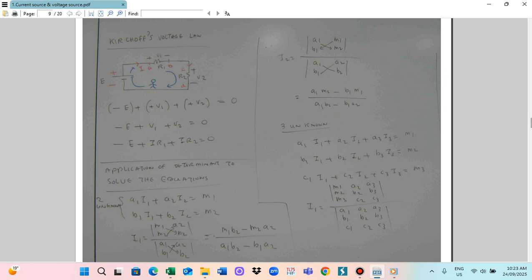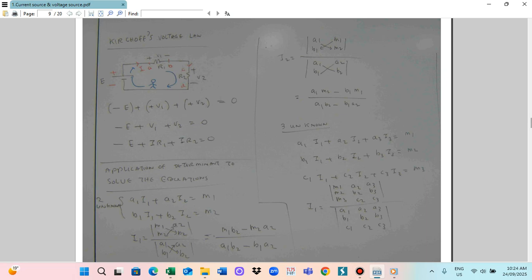And the current I through resistor R1 gives positive V1, plus, as you go here you see a positive V2, equal to 0. So this is the equation for the voltage law. This becomes minus E plus V1 plus V2 equal to 0.